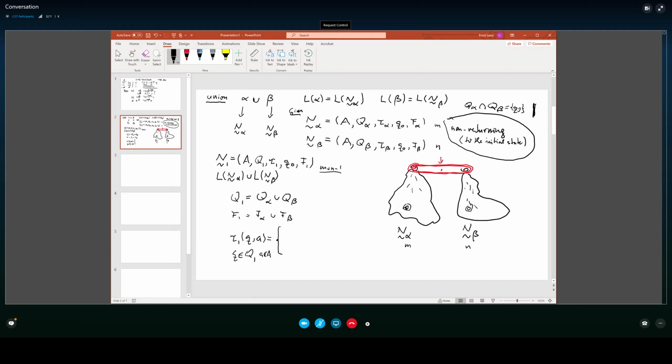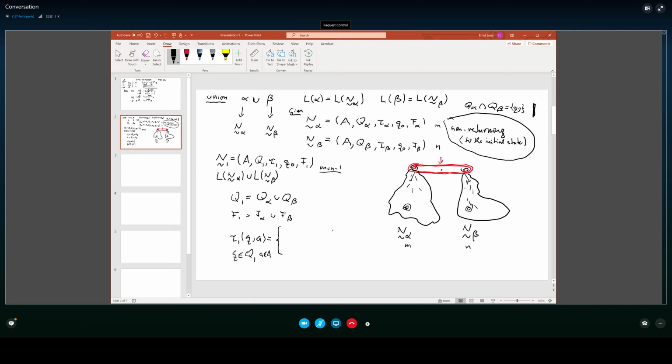In the initial state, we want to be able to initiate paths that go into N sub alpha or that go into N sub beta. And how do we do that? Well, we take the transition function of N sub alpha for the initial state, and we union that together with the transition function for N sub beta in the initial state.